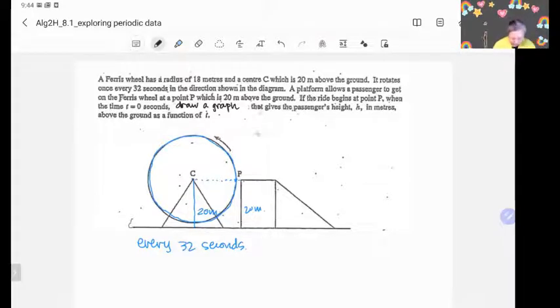Okay, I think this direction is missing how high this is. Oh no, actually the radius is 18, right? So this is 18, then this must be 2, right? Oh yeah, that makes sense.